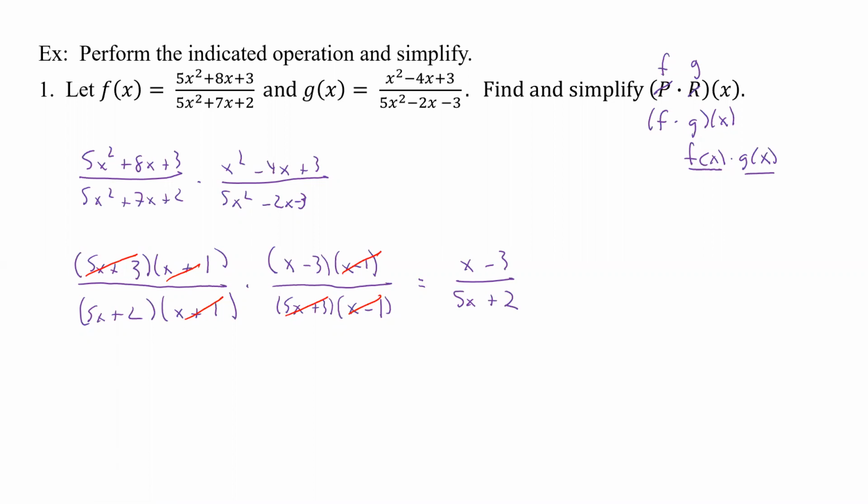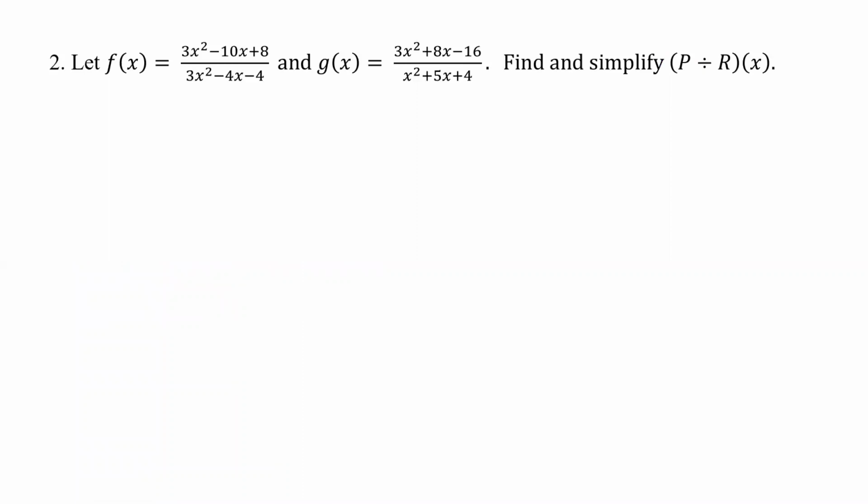Now the next one, again, I just copied straight out of the book and I didn't pay attention, but now I see this should be the f and this should be the g, and so we're taking f divided by g of x, and so really we're taking f of x divided by g of x instead of p and r.